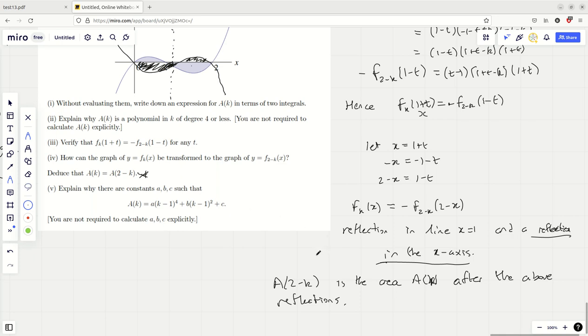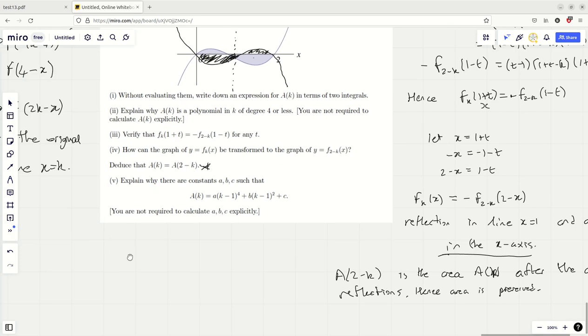I do hate that guess-what-the-examiner-is-thinking aspect sometimes with maths questions. It's like, let me know what you want me to show, because I can definitely see it's true. So the area of OK after the above reflections is preserved. I suppose stretches don't preserve the area, do they? But reflections like that, when the area is still bounded by the x-axis and the curve anyway, then it's fine.